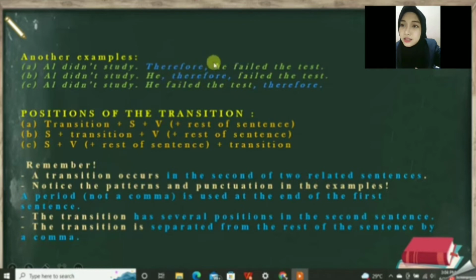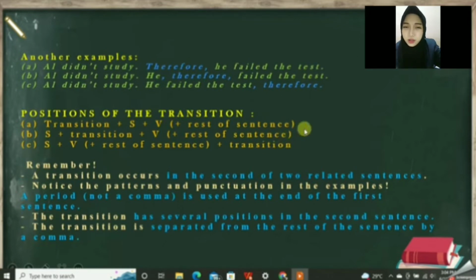Like here, in the first example, we use a comma after therefore so that it can be separated from he failed the test. And in the second example, we use double commas to separate therefore from he and failed the test.